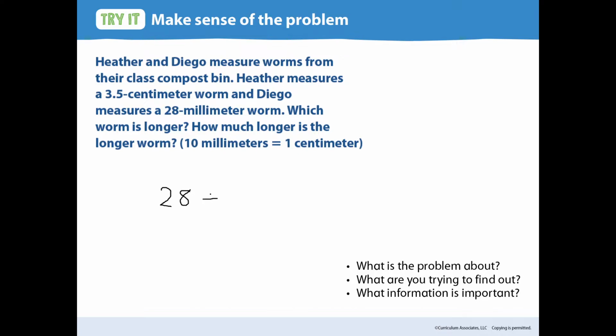So we're going to divide by 10 this time, which means moving our decimal this direction. So that would be 2.8 centimeters. So that shows us the same thing, that Heather's worm measures 3.5 centimeters and Diego's is 2.8 centimeters. So Heather's worm is definitely the longer worm.